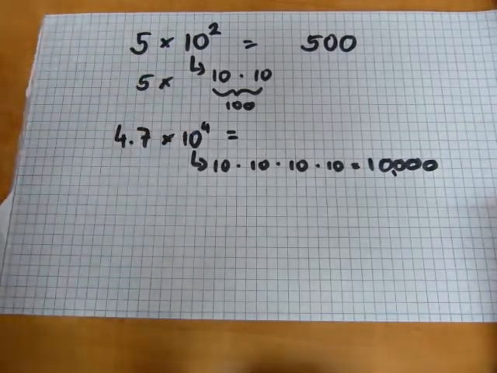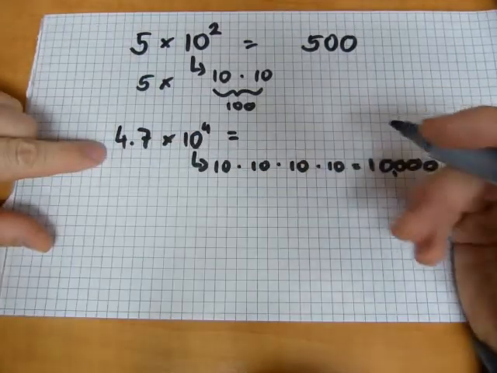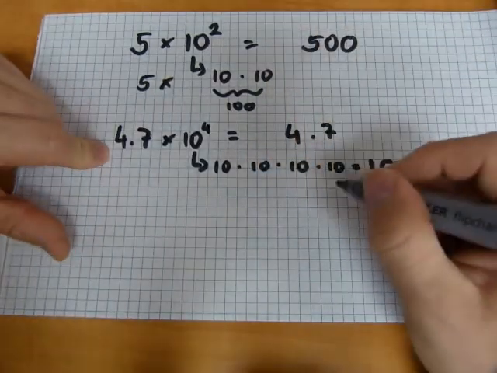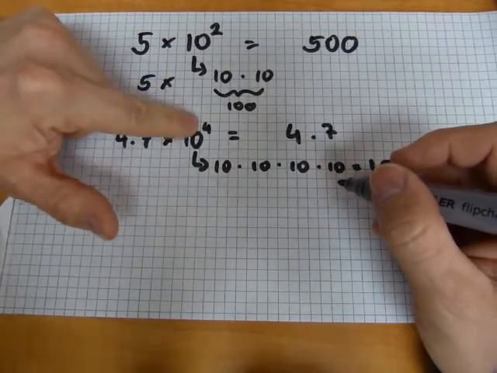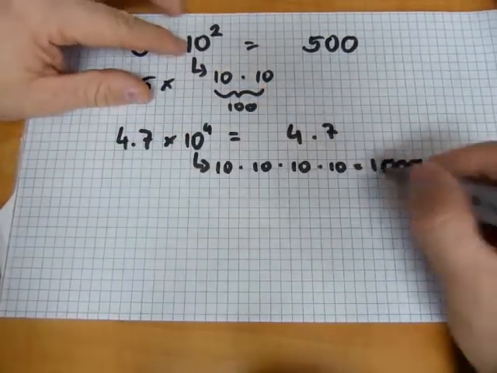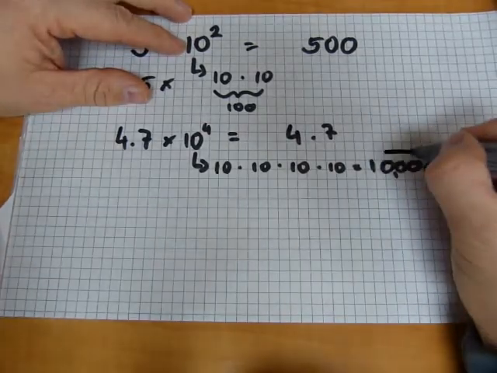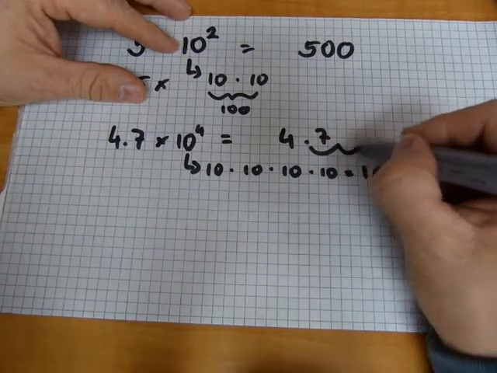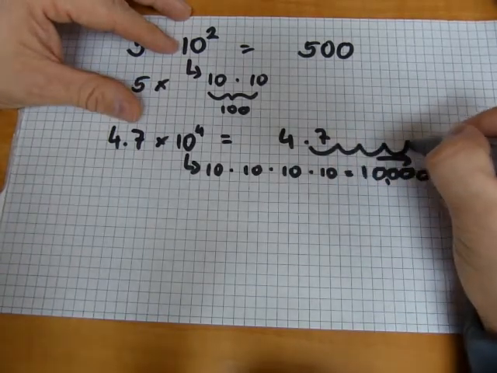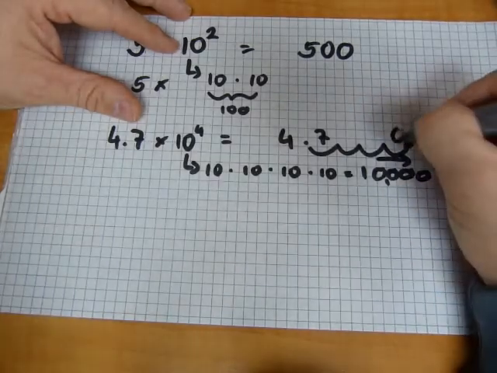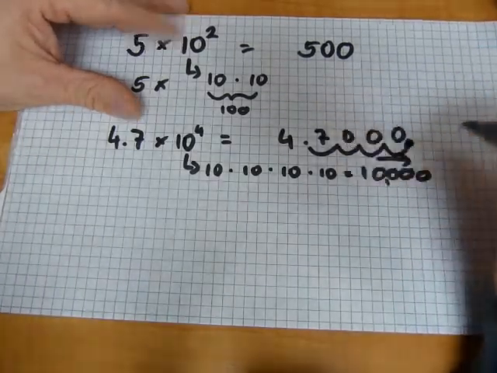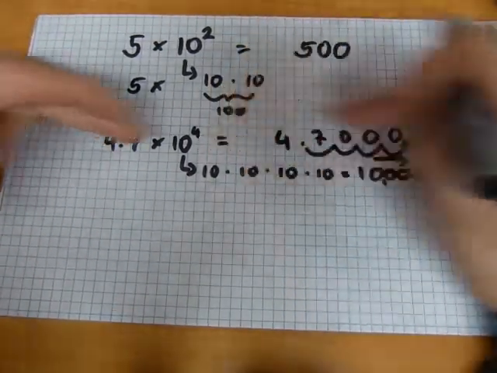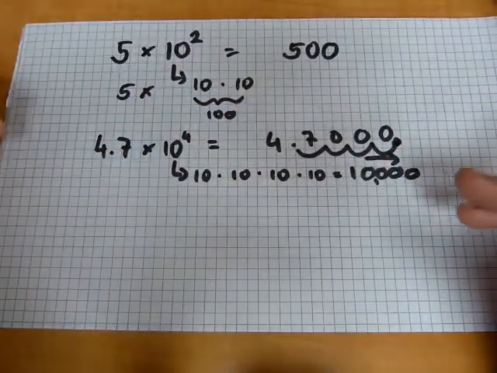And to come up with this number in a standard format, you write down the 4.7 and you move the decimal dot over 4 spots going that way, because 10,000 has so many zeros running this way from left to right. So you start there, grab the decimal dot, drag it over once, twice, thrice, and the 4th time, and the decimal dot rests there, and then fill it in with zeros. The number is 47,000. So this number is 47,000, this number is 47,000, either which way you look at it.